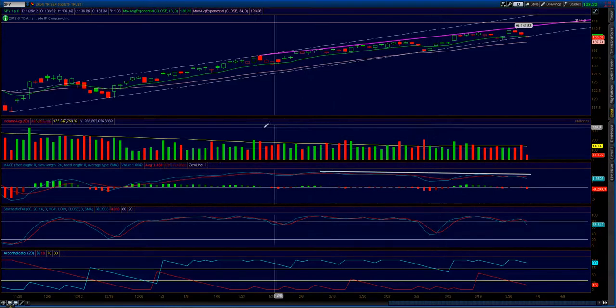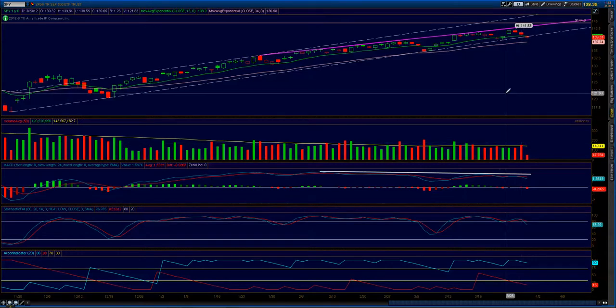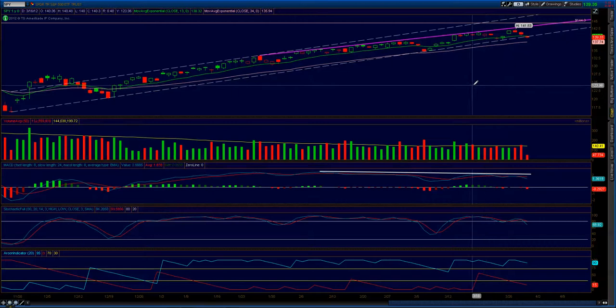Also, I guess you could say that the volume has been contracting some, and you will see periods of distribution, like right here, where the selling volume picks up, and that's also another sign of distribution.